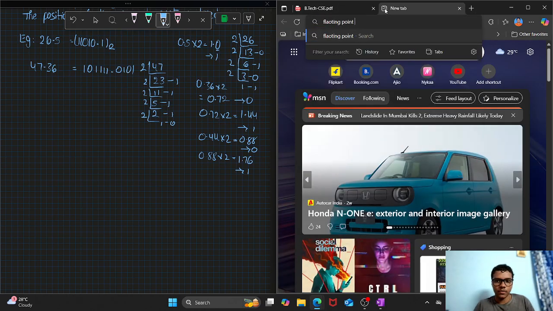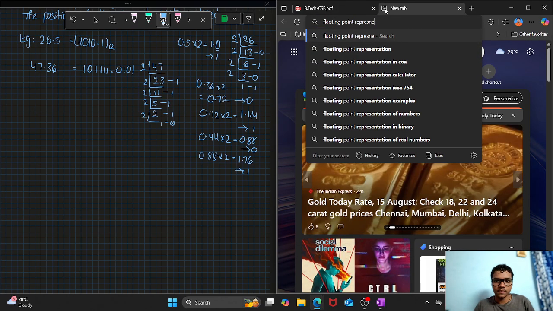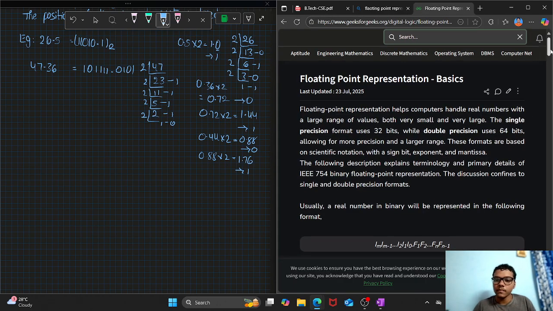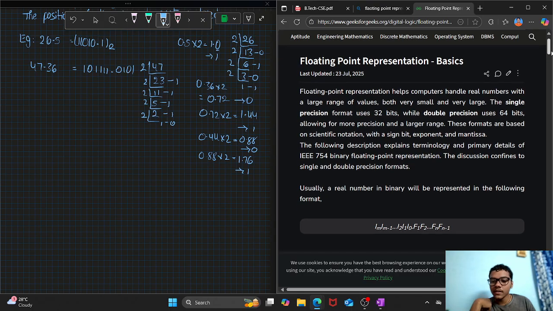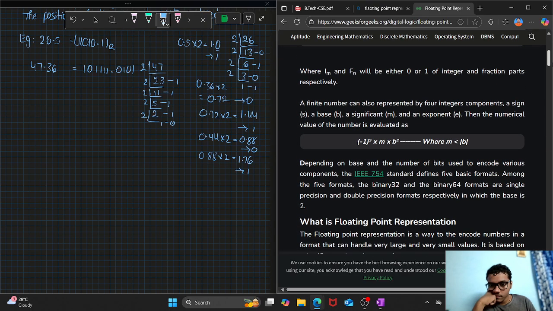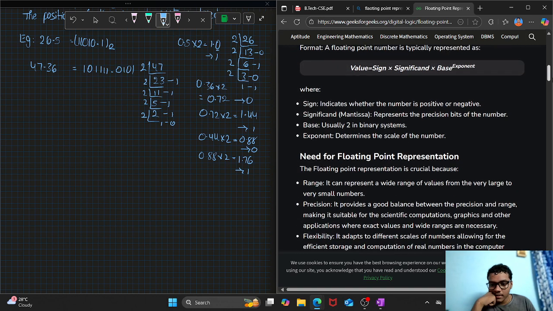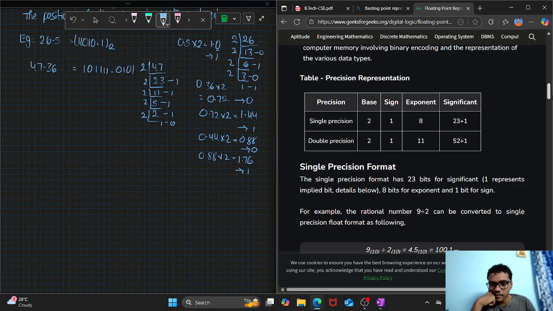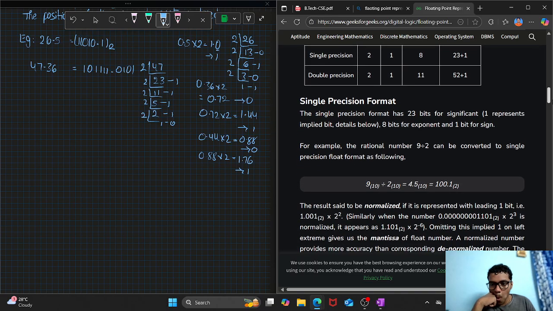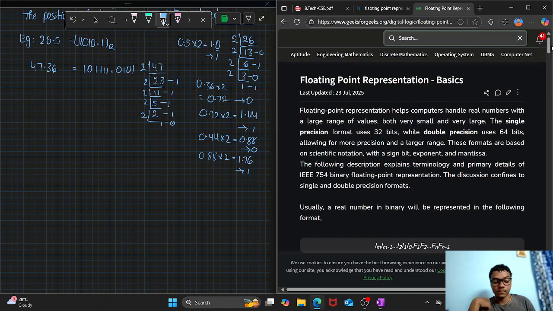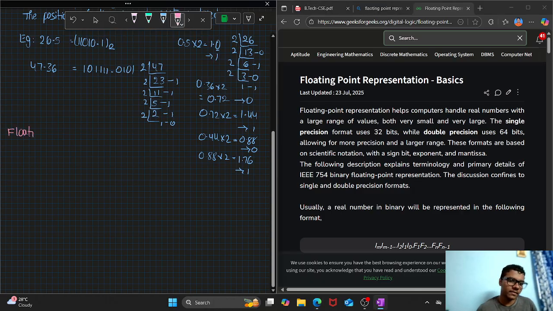And floating point representation. Computers handle real numbers with large values. I think I have written something on this yesterday. I don't think we are actually going to look at how the floating point representation works.